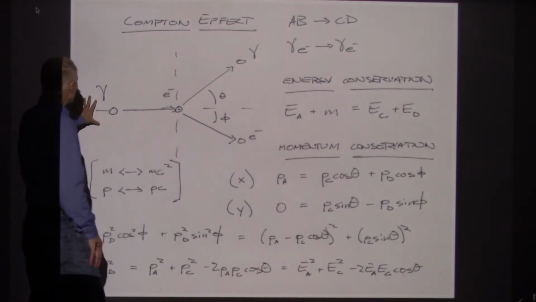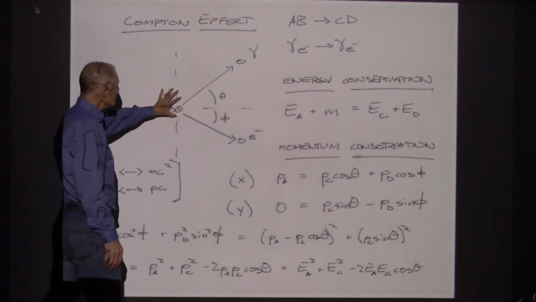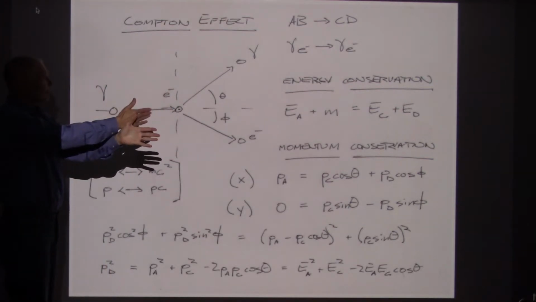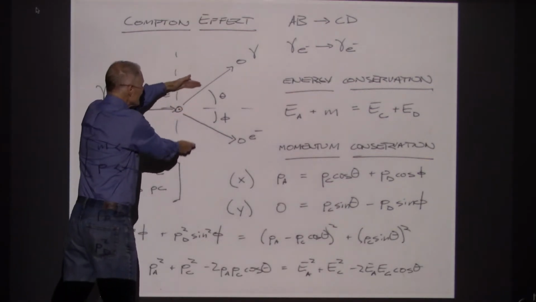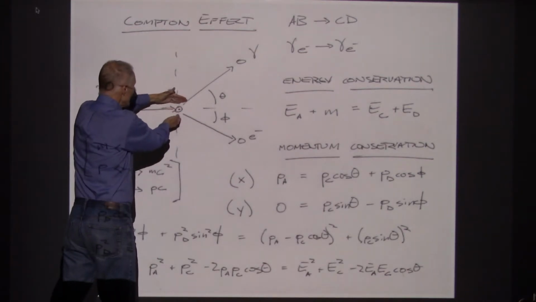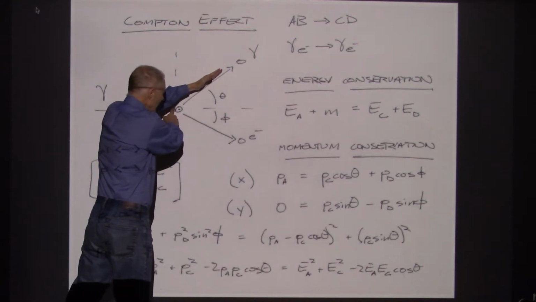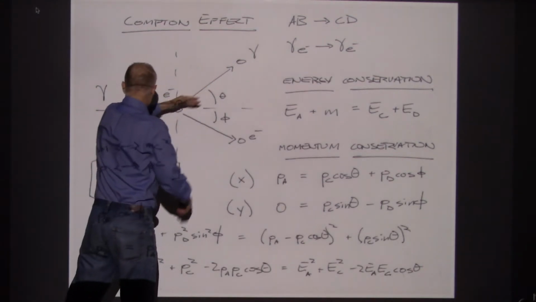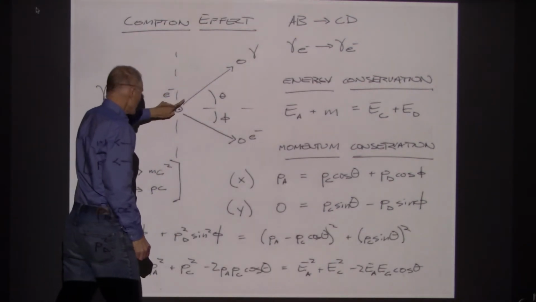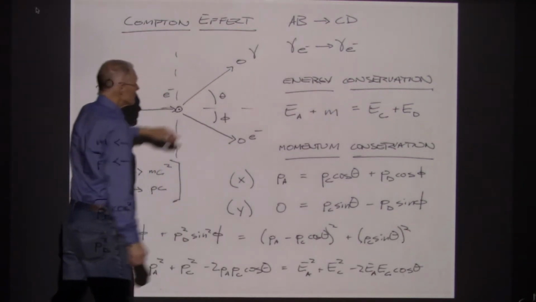Now, the momentum coming in is entirely in the X direction, but because the photon can scatter at different angles, it's like playing pool, right? If you hit a pool ball to the side, the ball coming in scatters at some angle, and the ball that was at rest is now headed off at some different angle.